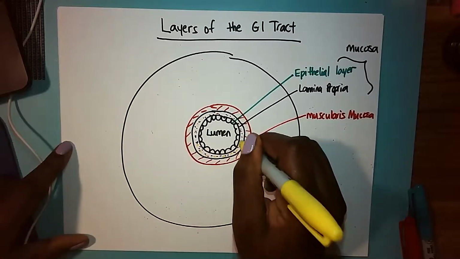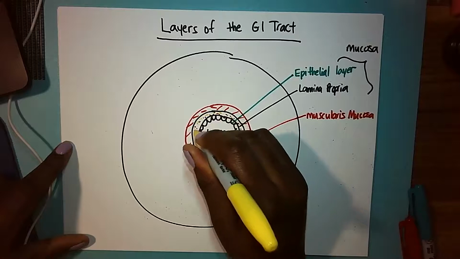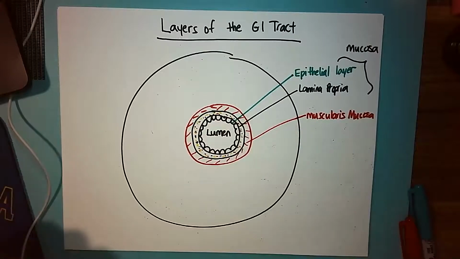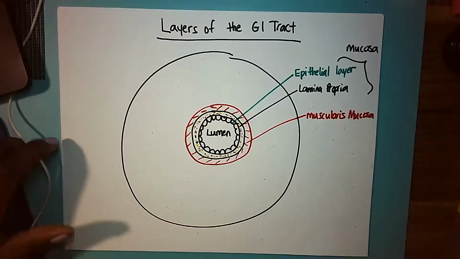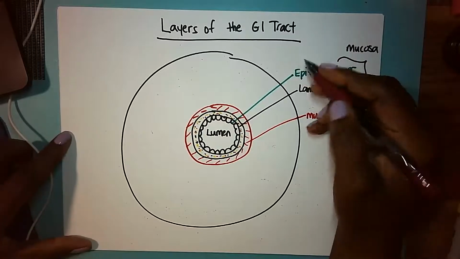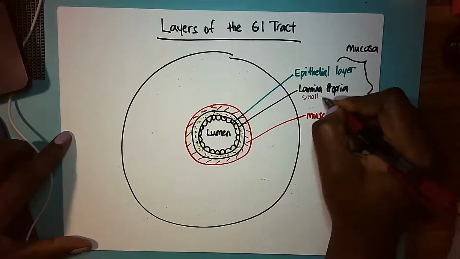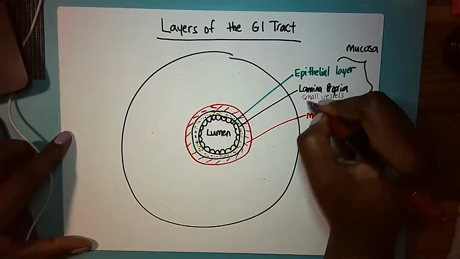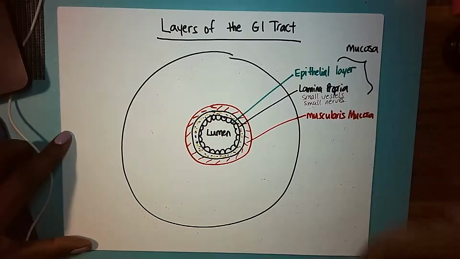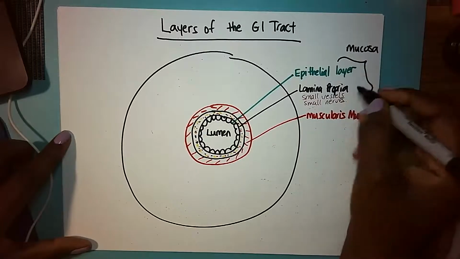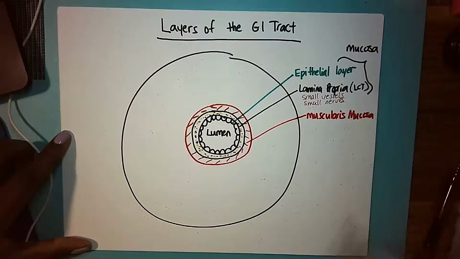Okay. Hopefully you can distinguish these colors. All right. And so I'll put here the contents of the lamina propria are small vessels and small nerves. And in brackets, I'm going to put LCT, which means loose connective tissue.